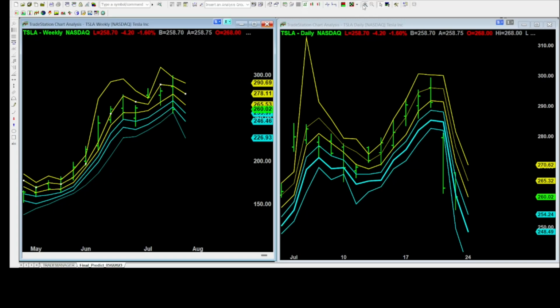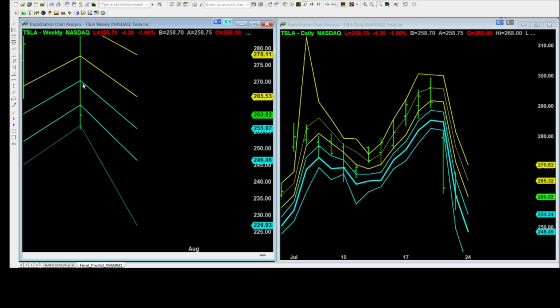If you zoom in a little bit, you can see it dropped almost down to the bottom blue trend line, started to increase a little bit, and this resulted in the weekly low.